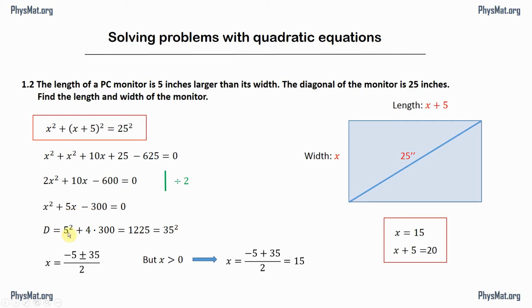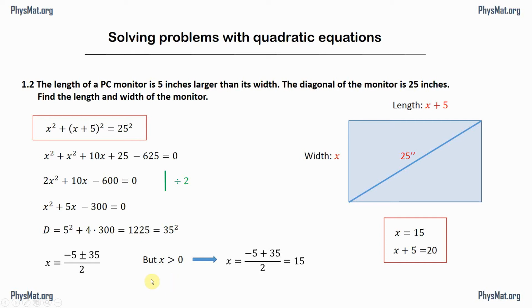So b squared is 5 squared, minus 4 times 1 times minus 300 gives plus, and this is equal to 1225, which is 35 squared. So therefore x is minus b plus or minus the square root of the discriminant, divided by 2a. a is 1, so it's simply 2. b is 5, so it's minus 5 plus or minus 35, divided by 2.